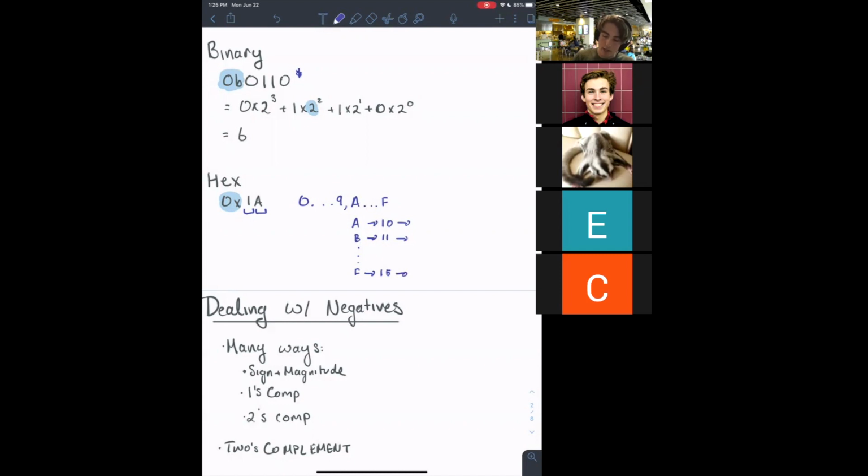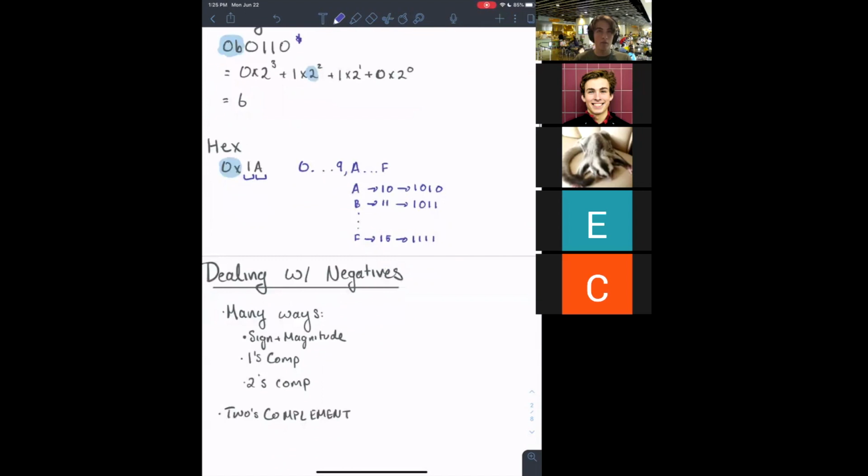So 15, it's all ones, and then we'll have 11, which will be 8, 2, 1. So you want to get used to converting quickly between these and memorizing them. No worries if it seems a little overwhelming now.